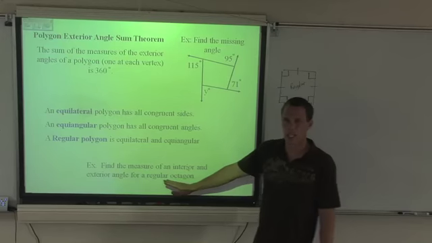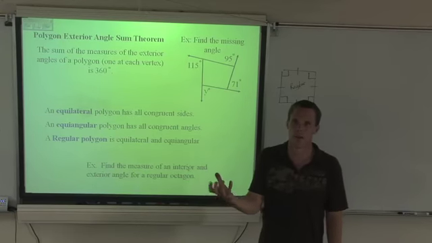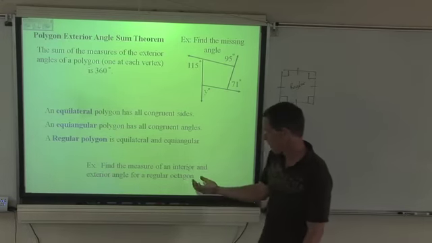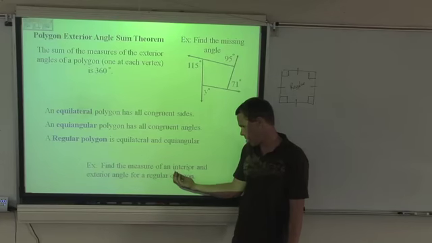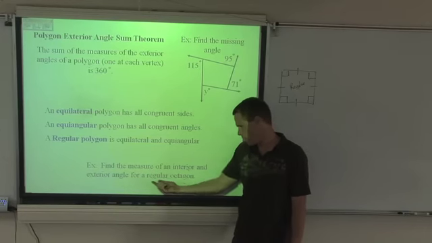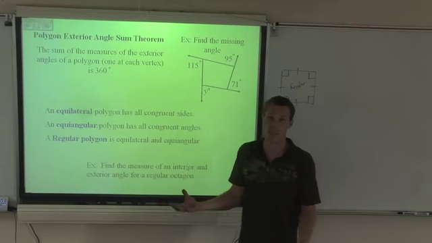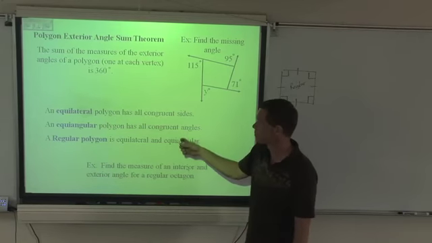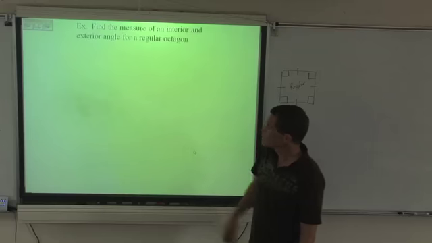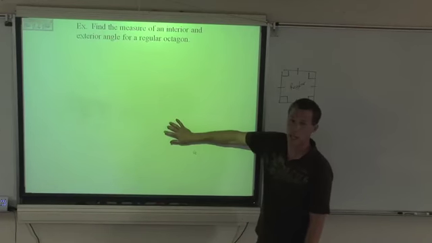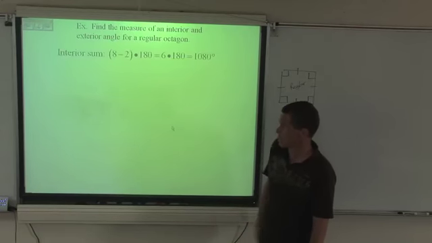This would lead us to a question like this. How can we put everything together that we've learned from today's lesson? Find the measure of an interior and an exterior angle of a regular octagon. Alright, so this is our final example for today's lesson. Let's get started.